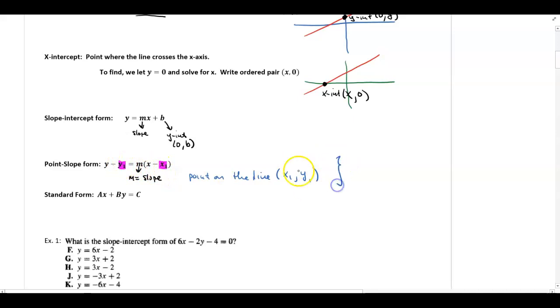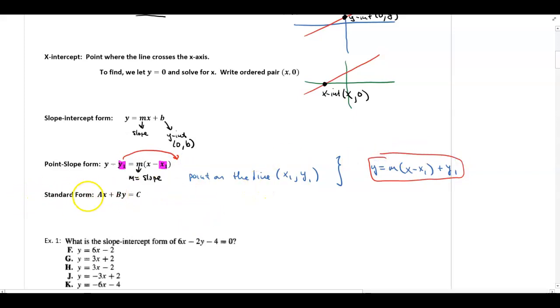Now, in the MVP curriculum, they relate point-slope form to y equals m times x minus x1 plus y1. And what they basically did is they brought this y1 over by adding it and just ended up with this equation.